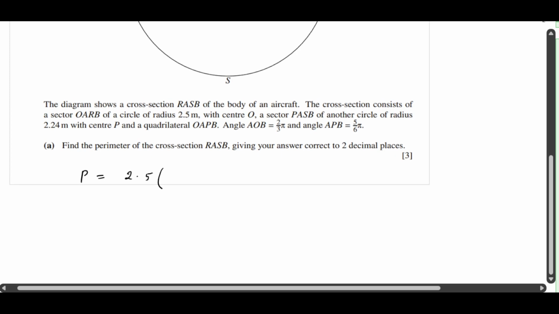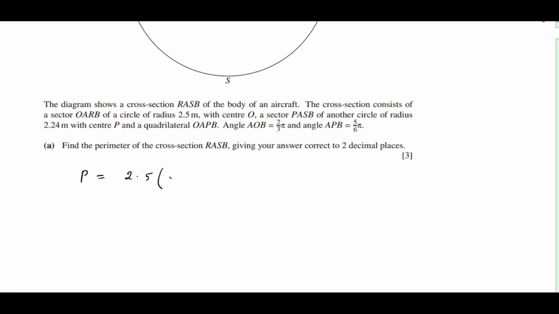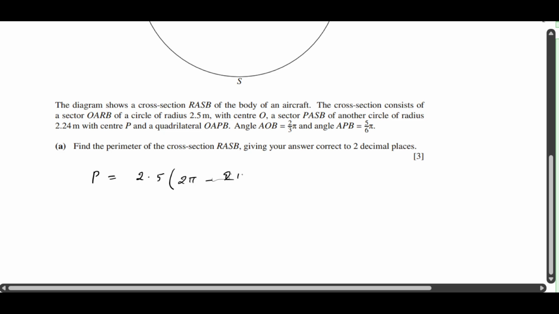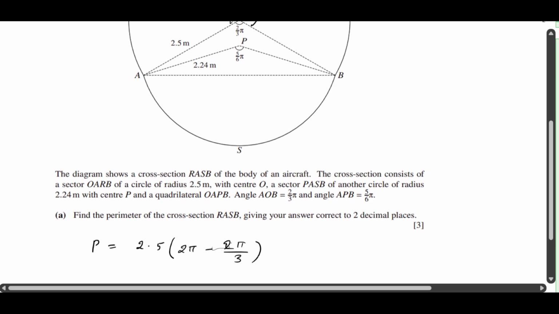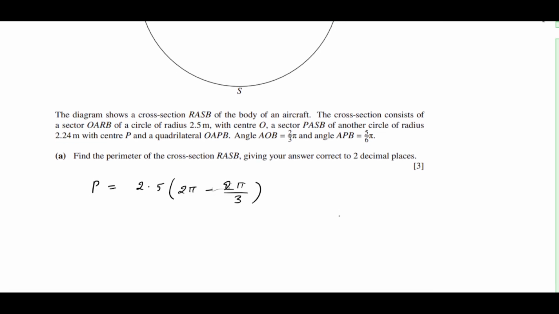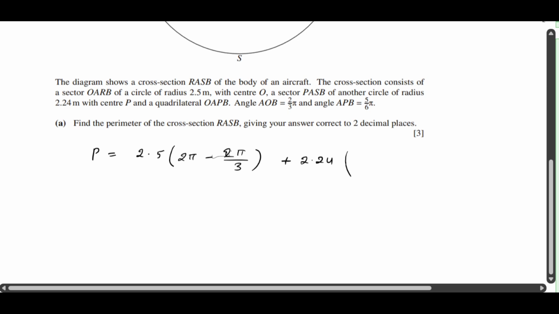2 pi minus 2 pi by 3, right? And for the other part, it is plus 2.24 into the angle, which is 5 pi by 6.